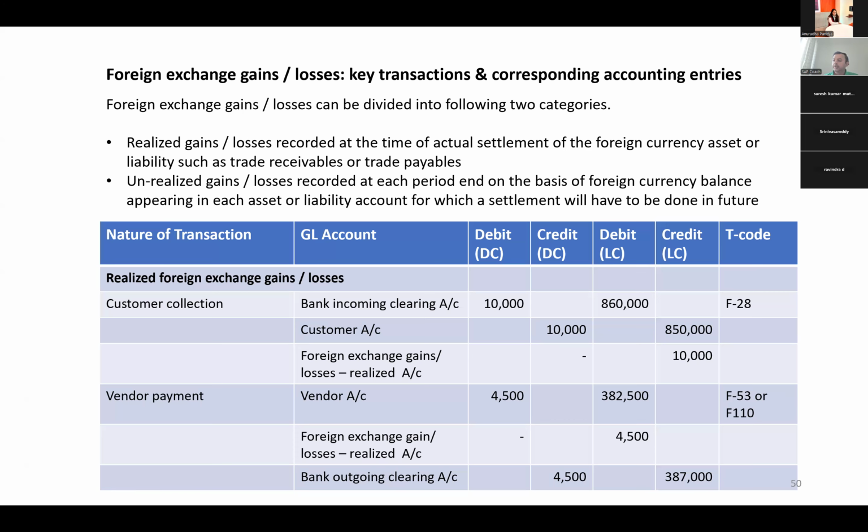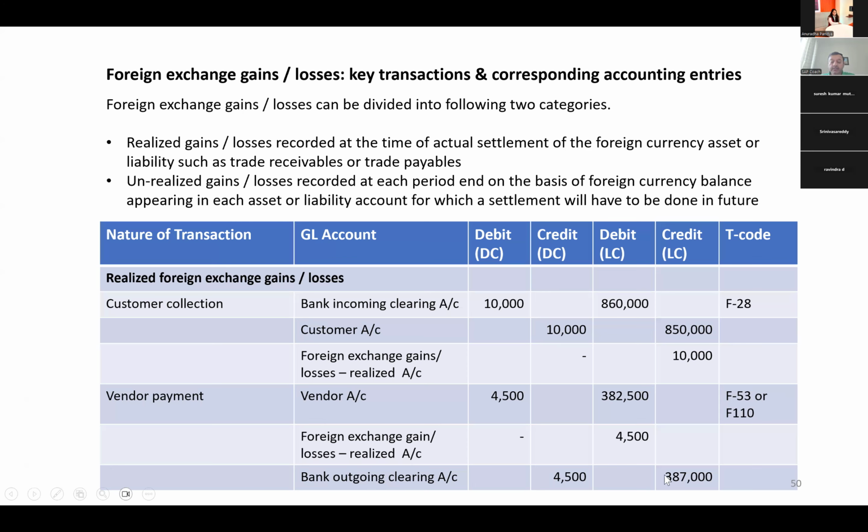When I booked my liability, when I purchased the goods, the exchange rate was 85. But now, 3,87,000 divided by 4,500, it is 86. Instead of 85, it is 86.